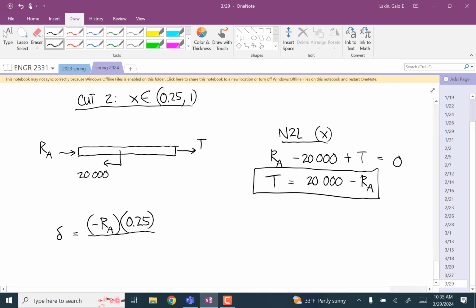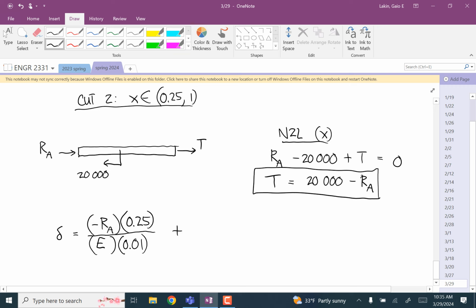It turns out it's not going to matter here. You'll see. I'm just going to put this in as E. But if I gave you that it was steel or copper or whatever, you would put that in there. And the cross-sectional area is 0.01. That's not going to come into it either. That's the elongation for the bottom quarter.